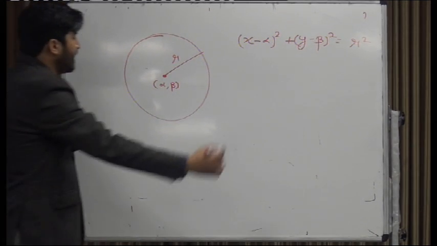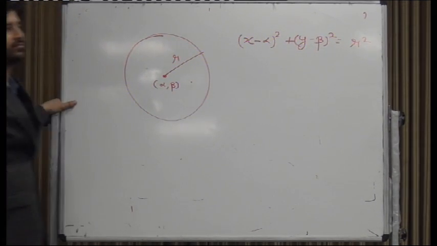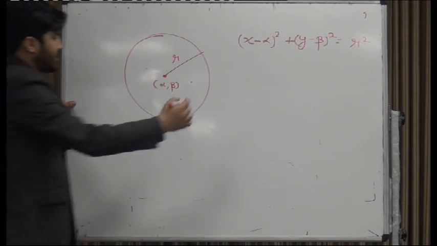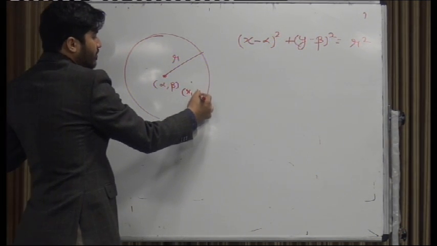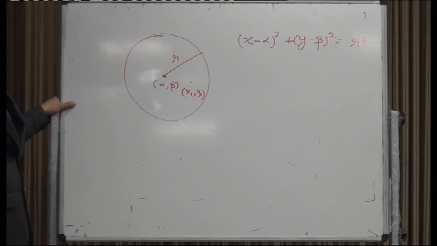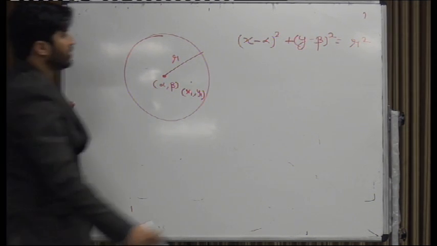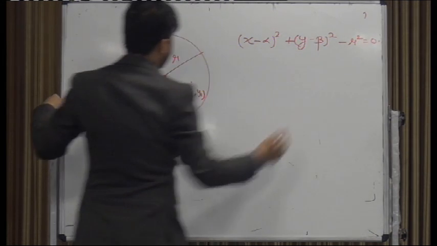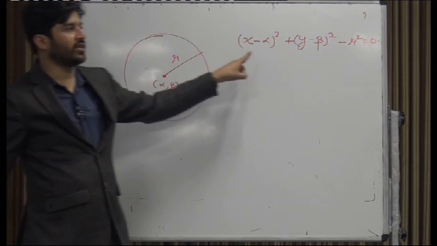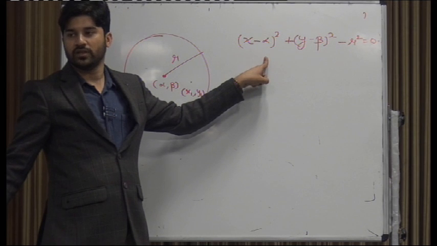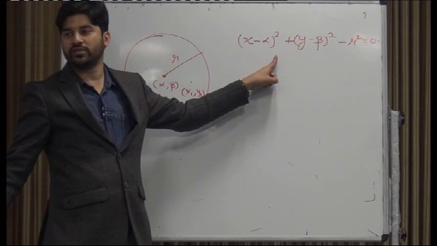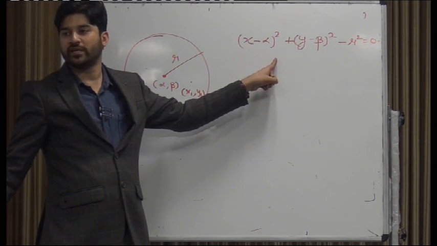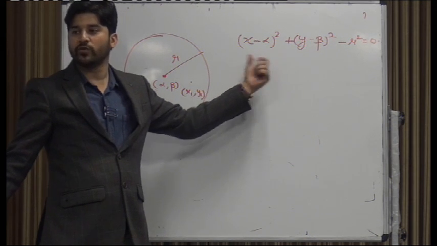If you take any point here as x1 comma y1, I'll just rearrange it. So if you put x1, y1 in this equation, this expression will not be equal to 0, but it would be equal to some value. That value is called power.